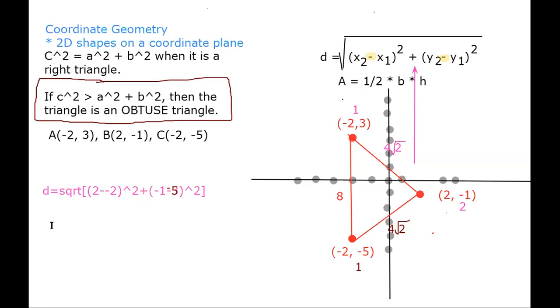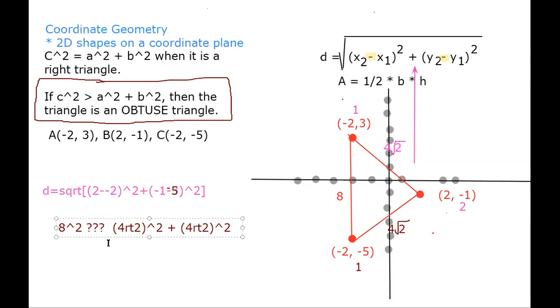So we have 8 squared. Is it greater than or less than? We don't know. A squared plus B squared. So the A is going to be 4 root 2 squared plus 4 root 2 squared.